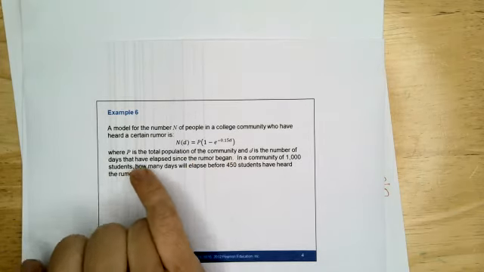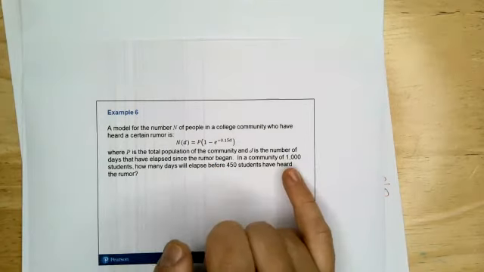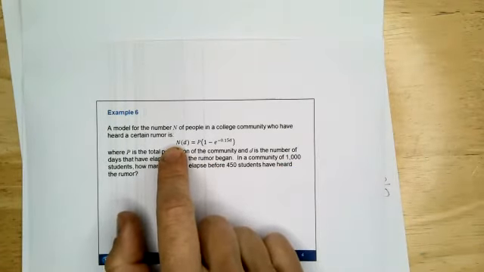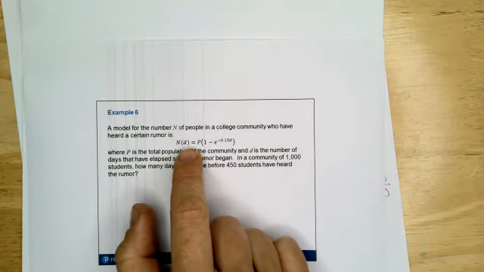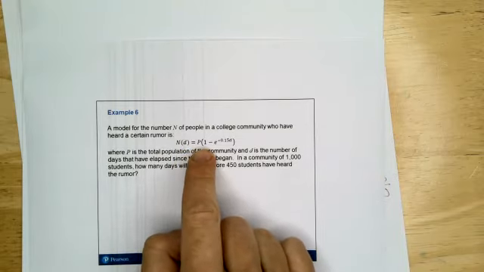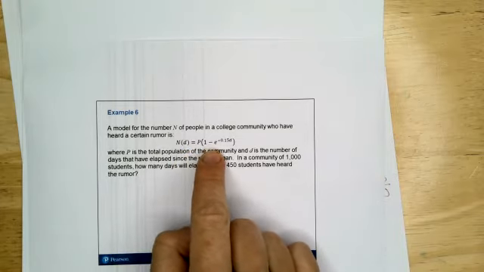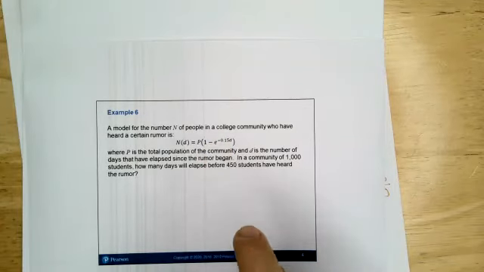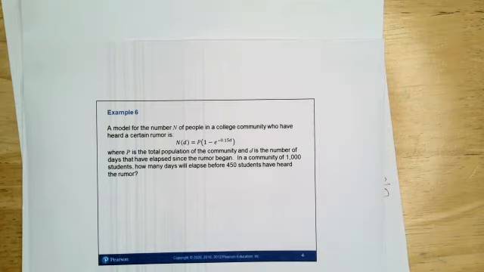D is the number of days that have elapsed since the rumor began. So the number of people in a college community who have heard this story is equal to the total population multiplied by 1 minus e to the power of negative 0.15 multiplied by the days that have elapsed since it began.